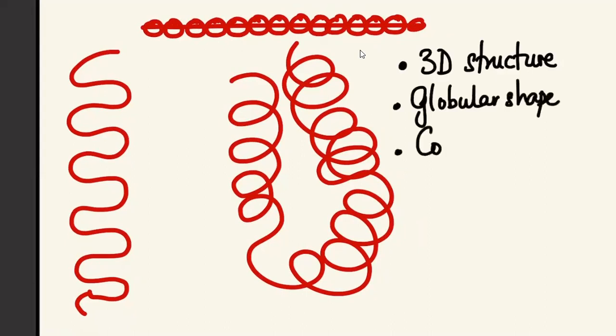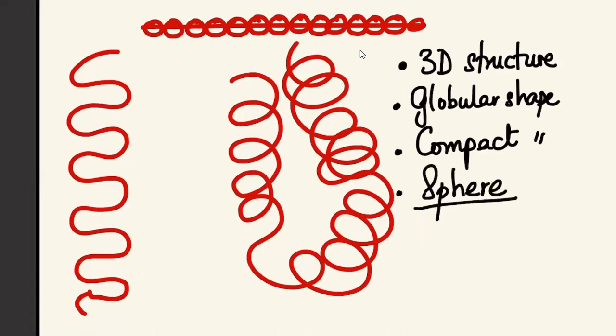Into a compact shape. Or I can say into a sphere. What is the difference between a sphere and a circle? A circle is 2D, a sphere is 3D. So tertiary structure can be defined simply as an organizational level of protein structure in which there is extensive folding and coiling in such a manner that the protein folds onto itself to make a compact globular tertiary structure or a spherical structure. Okay?